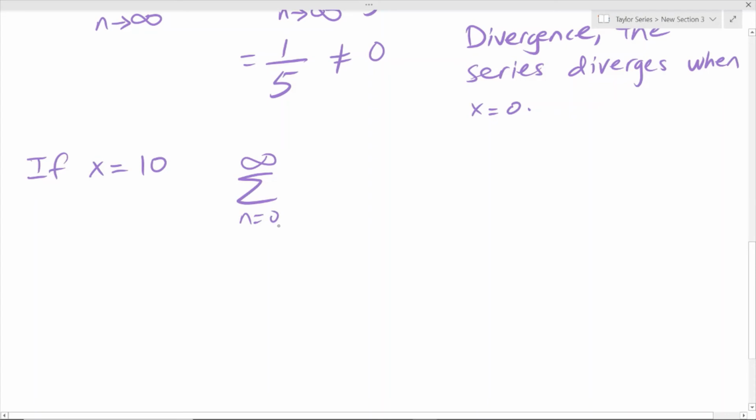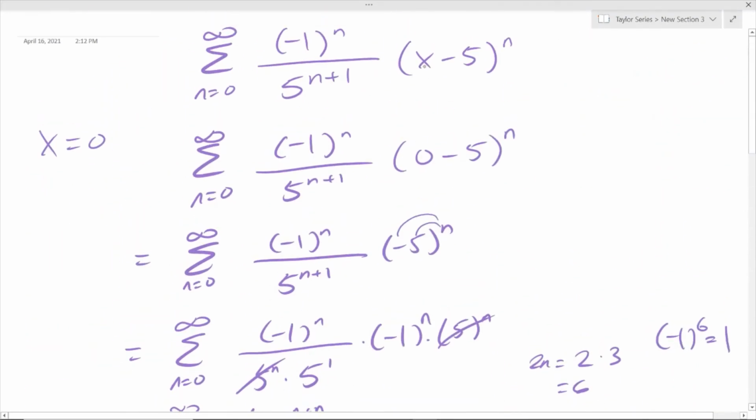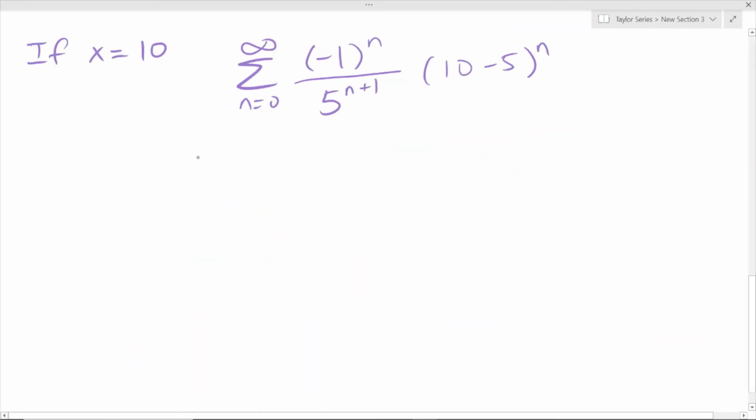N equals 0 to infinity, and then negative 1 to the exponent of n all over 5 to the exponent of n plus 1 times 10 minus 5 all to the exponent of n. This here was x, so we plugged in 10 right here. So now from here we're just going to simplify this.